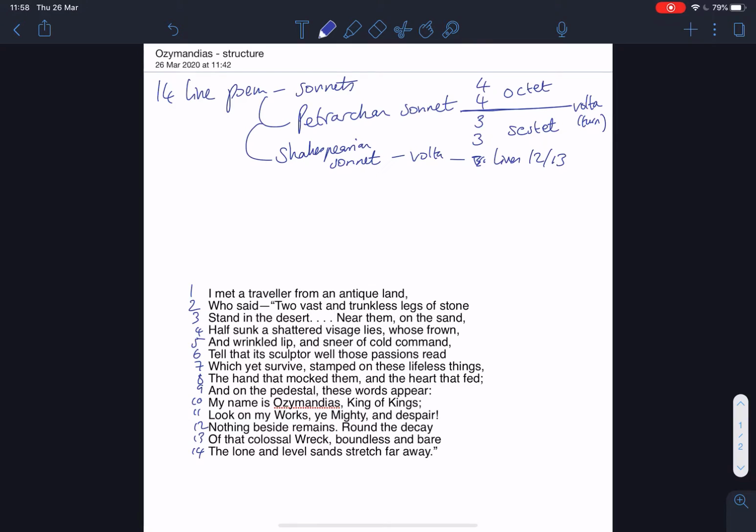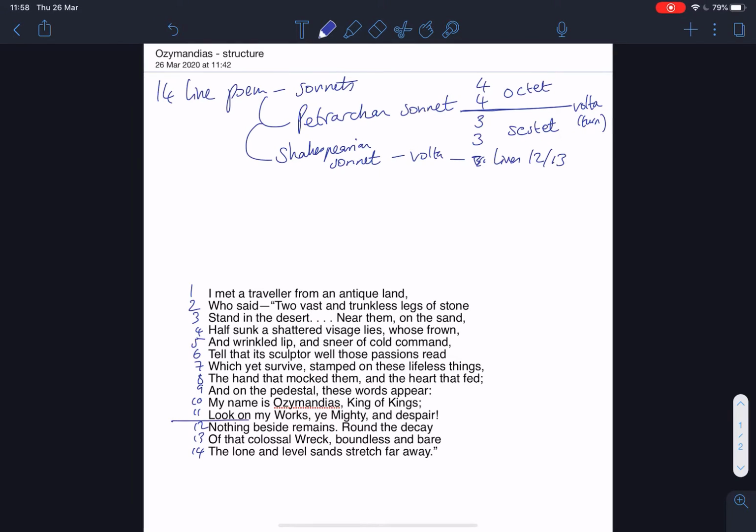Near them on the sand half sunk a shattered visage lies, whose frown and wrinkled lip and sneer of cold command tell that its sculptor well those passions read which yet survive, stamped on these lifeless things, the hand that mocked them and the heart that fed. And on the pedestal these words appear, my name is Ozymandias, king of kings, look on my works, ye mighty, and despair. Then nothing beside remains, round the decay of that colossal wreck, boundless and bare.